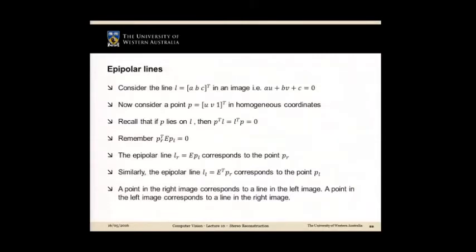You have X and Y values, and the last value represents the scale. When you convert back from homogeneous coordinates, you just divide by the last value to get your actual X, Y, or U, V values. Now recall that if P lies on line L, then the dot product of the point with that line will be equal to 0.